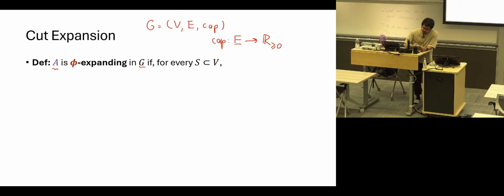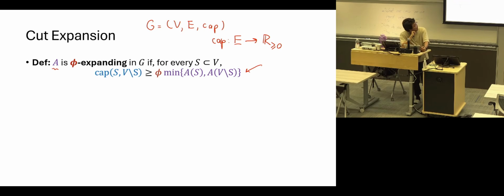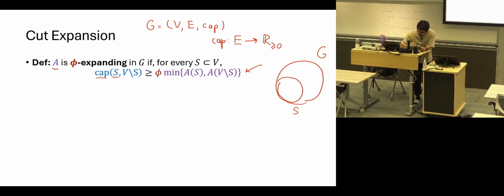And A is phi expanding in G if for every cut, for every S, you have this. That is the total capacity for the cut. If you look at the graph and the cut S, the total capacity that crosses S is big. How big?